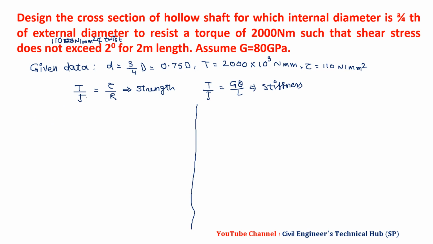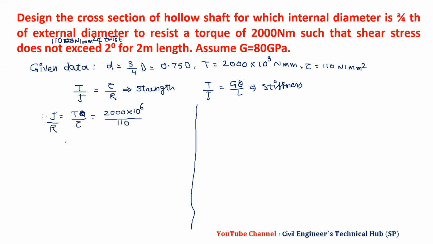So we will find value of J. So we will get therefore J this is equal to TR upon tau. And then T is given 2000 into 10 raised to 6. So I will write this T upon R, J upon R I will write. And that is 2000 into 10 raised to 6 divided by tau. Tau is 110.